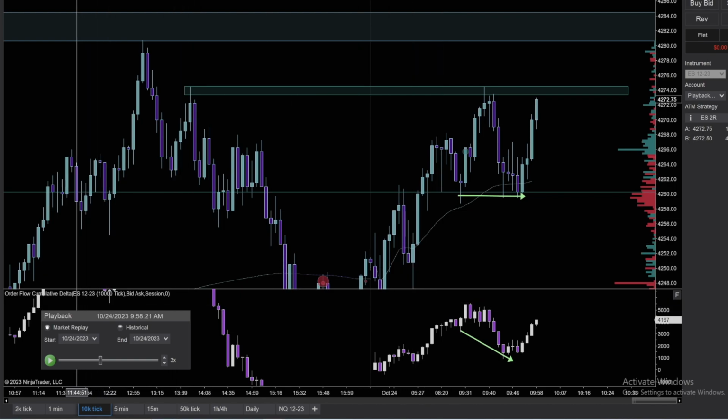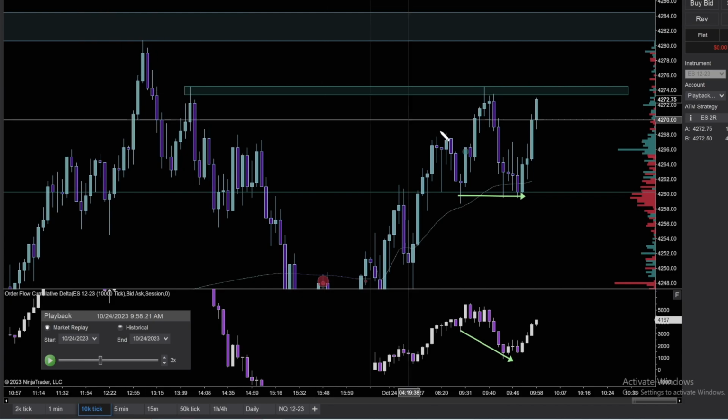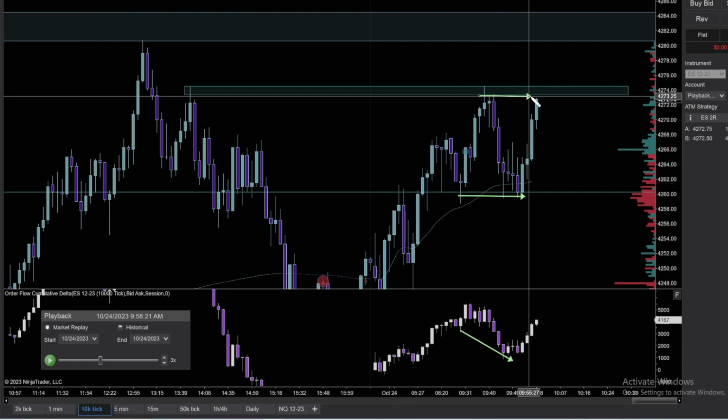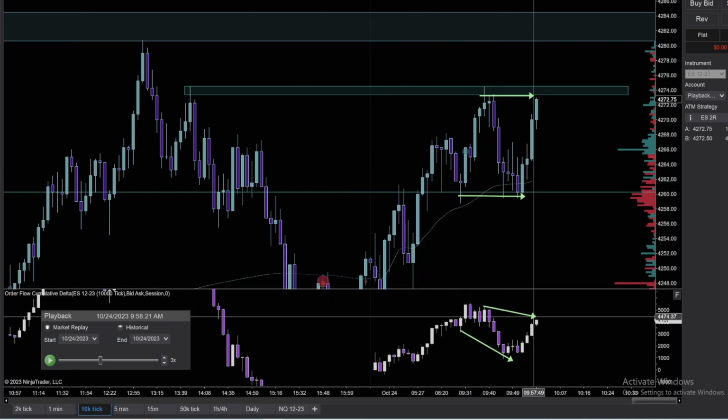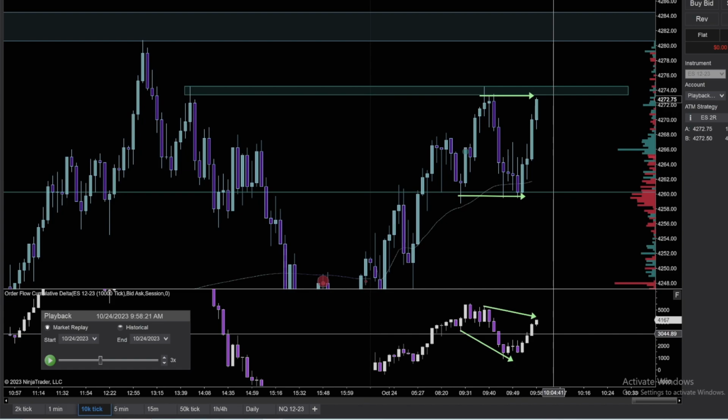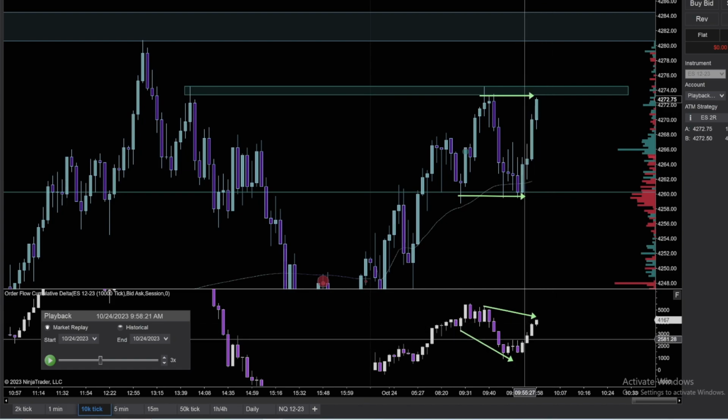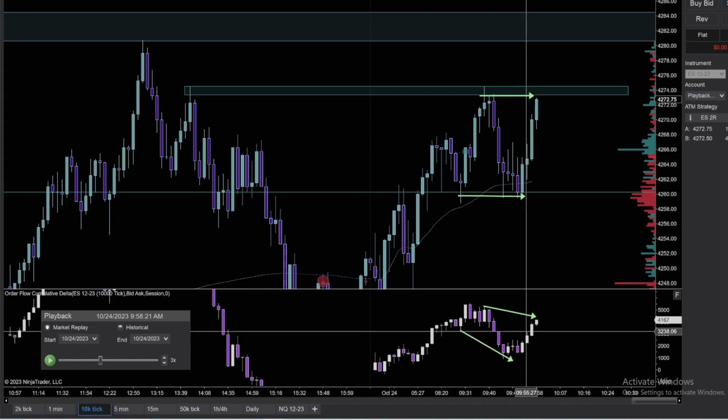Why? Because as we're approaching this level, that's our equal high level. And if we look at the delta, where are we? Again, we're still lower. Okay, so even though the buyers have come back in, they did not come back in as aggressively as the sellers did. So that's one of the things that I'm looking at.